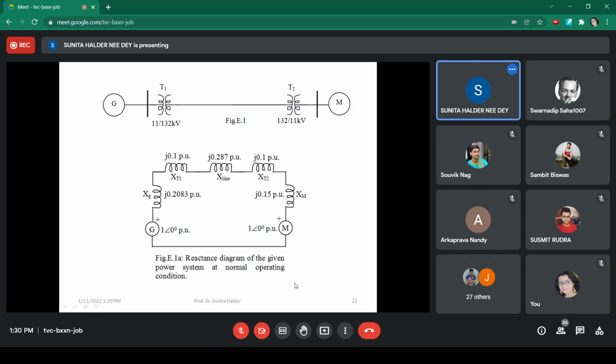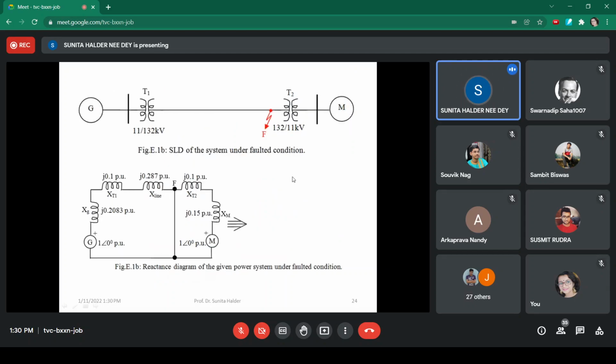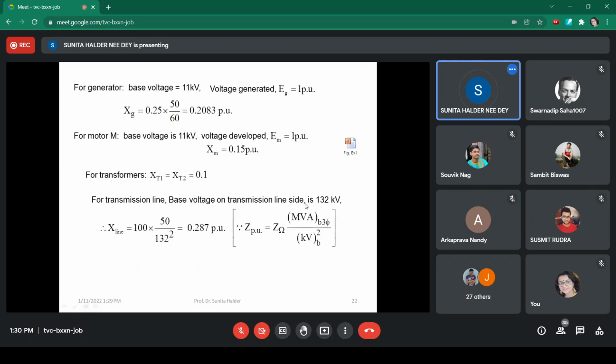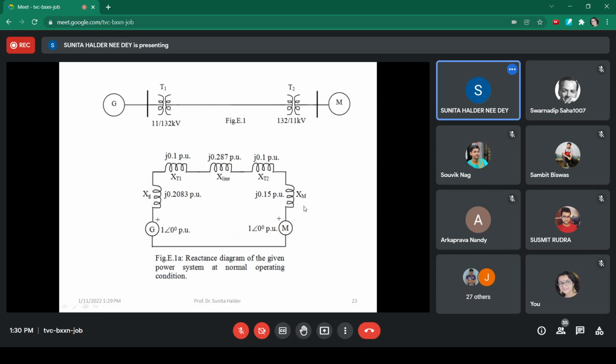Then we have to identify the fault point. The fault point is the HT terminal of the transformer. So this is the fault point, right? In the reactance diagram, this is transformer 2.